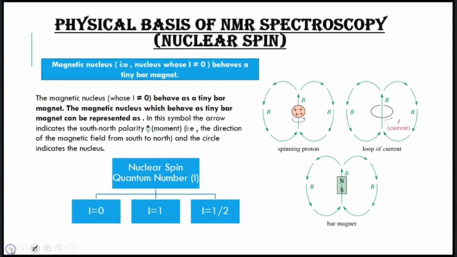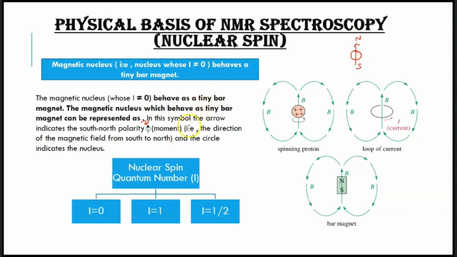Now going back to the previous slide once again, right? So that is what we are saying, that the magnetic nucleus which behaves as a tiny bar magnet can be represented as this. The circle represents the nucleus, and this particular symbol, the arrow, indicates the south to north polarity.